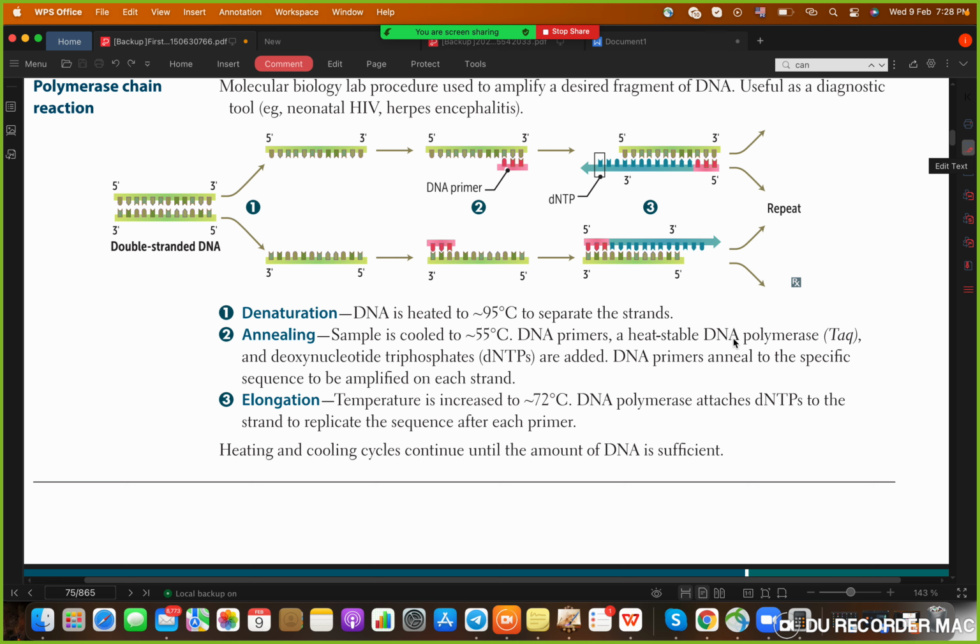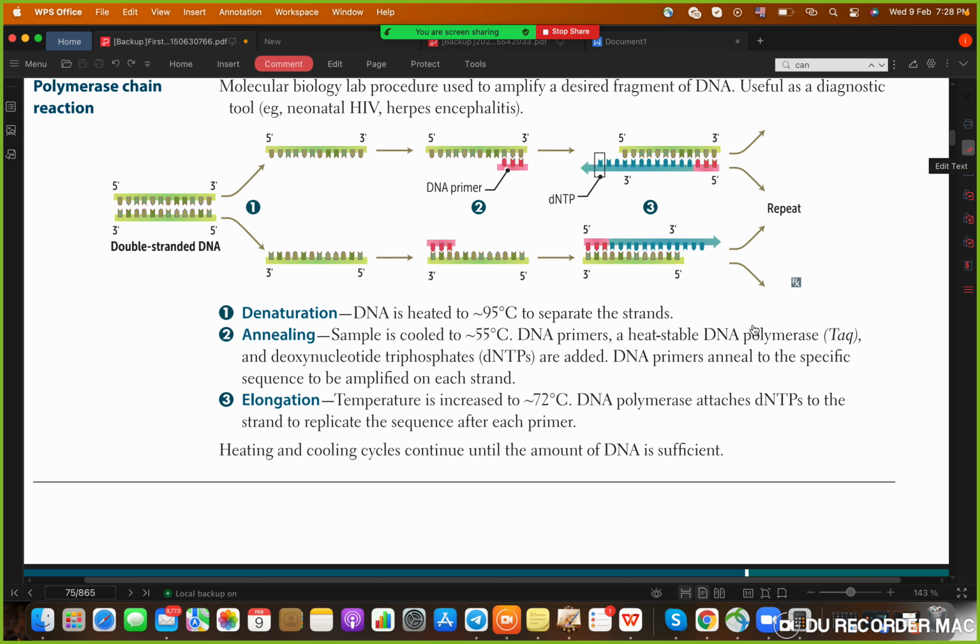So DNA polymerase and deoxynucleotide triphosphates. Why are we adding these? Well, one of them is the DNA polymerase, which is going to help in the replication. And if you want to replicate, you need building blocks, which are the nucleotides. That's why we are adding deoxynucleotide triphosphate.